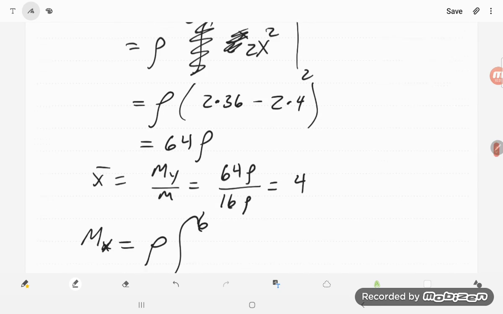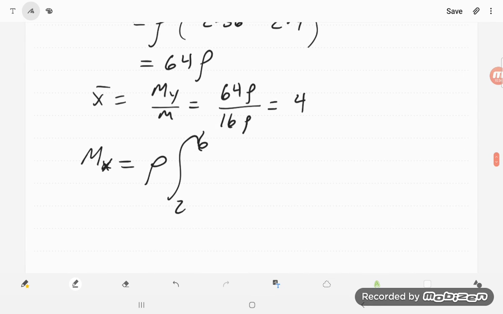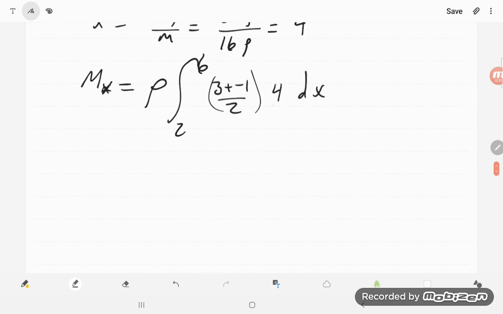So f of x was 3, g of x was -1, divided by 2. But then we have our 4 and dx. And again, the 4 just came from the 3 minus -1. And so this is rho times the integral from 2 to 6. 3 minus 1 is 2, so over 2 we just get 1, and so that's just 4 dx.